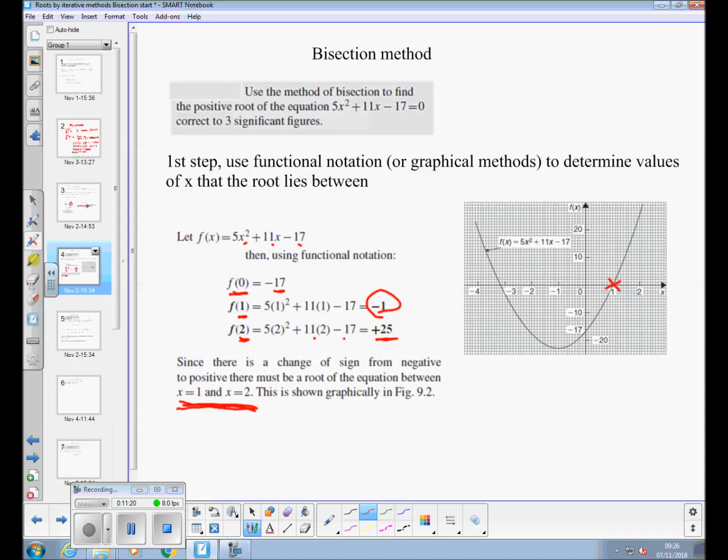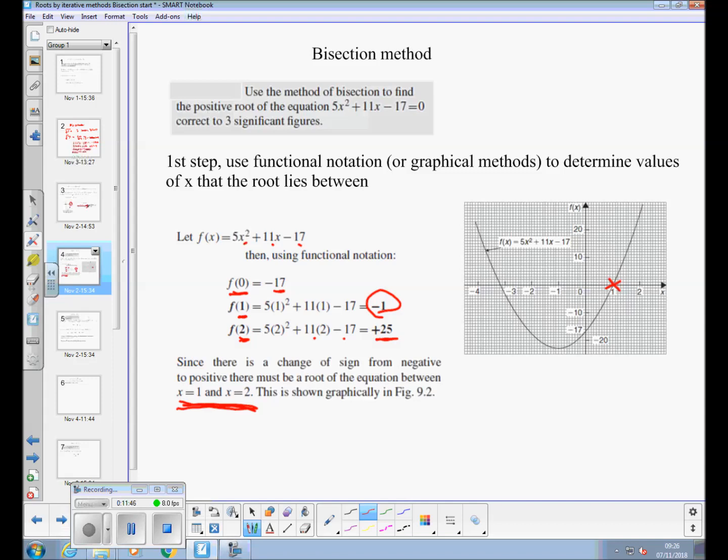Are you all happy with that so far? We've got two different guesses, and when we put those guesses into the function, we get a change from negative to positive, or positive to negative. If that parabola was the other way up, as we went higher in x value, we'd go from positive to negative.